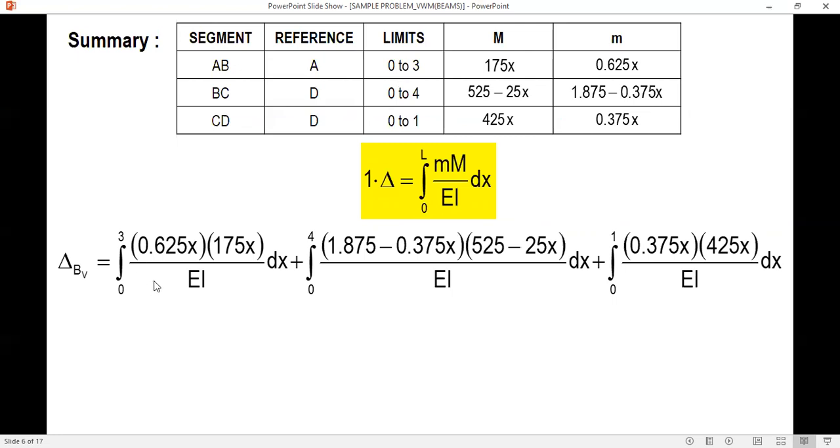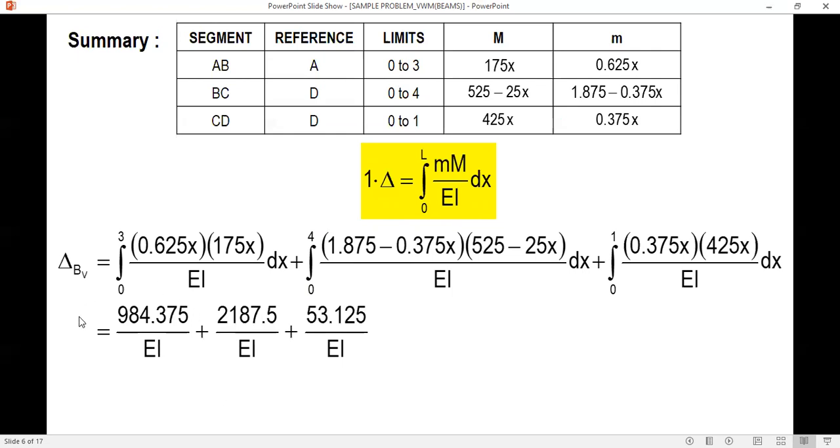Substituting expressions and limits, we have this one. 0.625x times 175x over EI dx from 0 to 3. So you can integrate this one manually, or you can use your calculator if it is capable of solving integrals. If not, then you integrate manually.